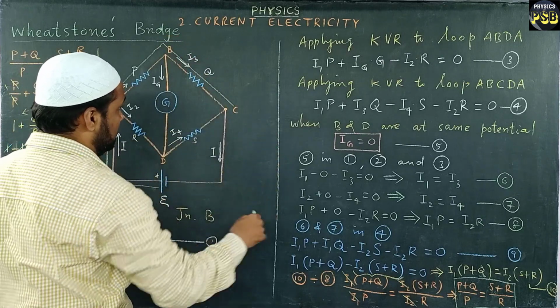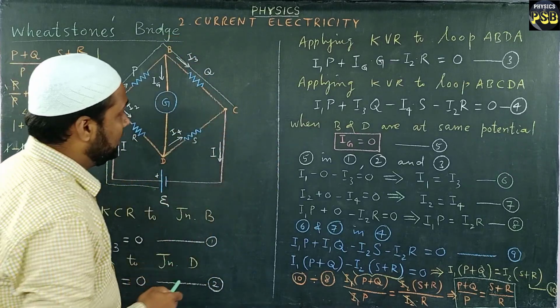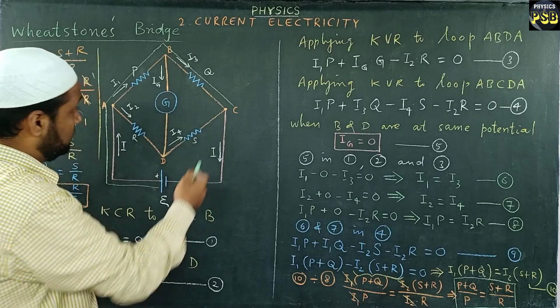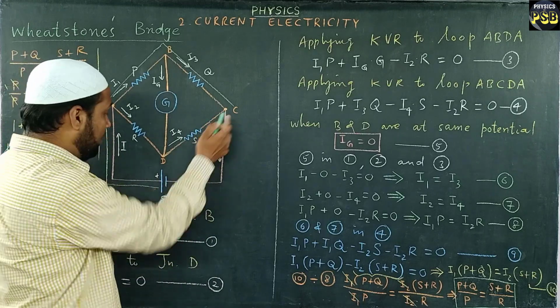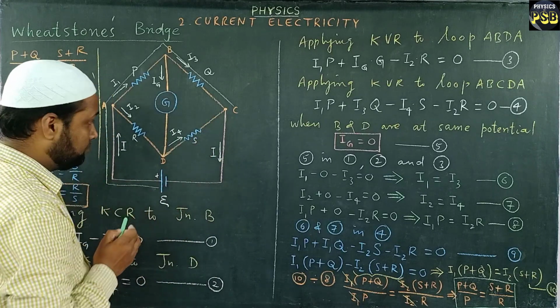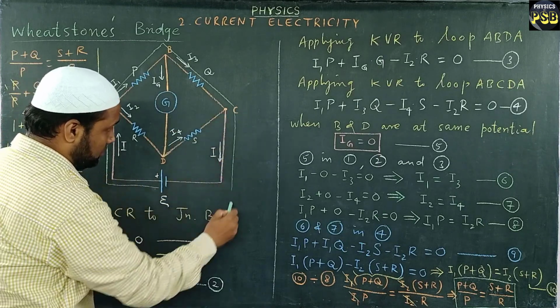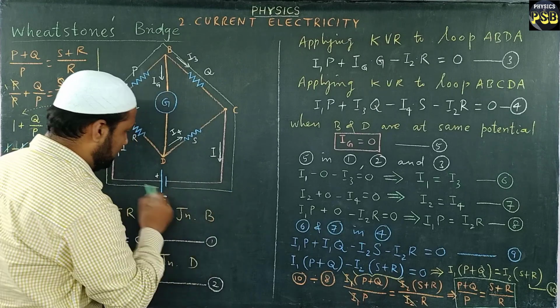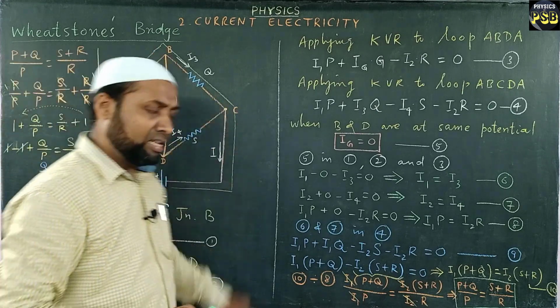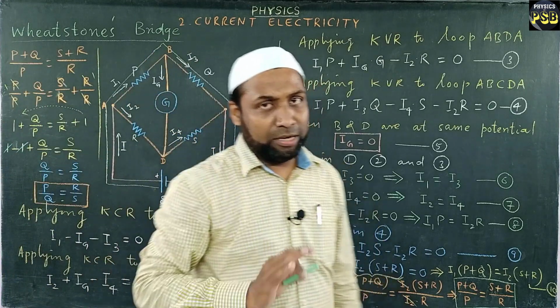So it moves to C. Now from C, the shortest path found by the current to complete the circuit is this path. So from there it reaches the negative terminal. This is how it completes a loop or circuit here.